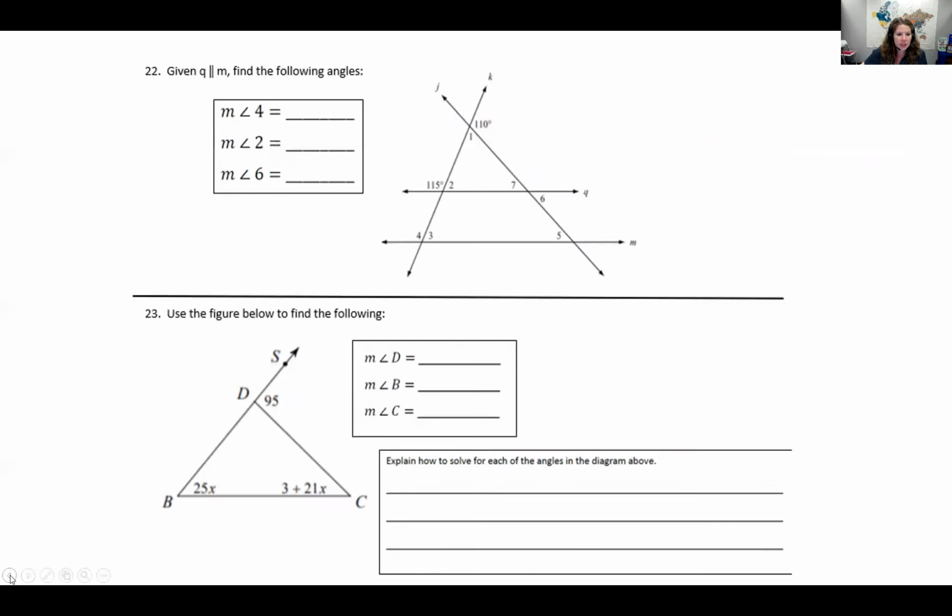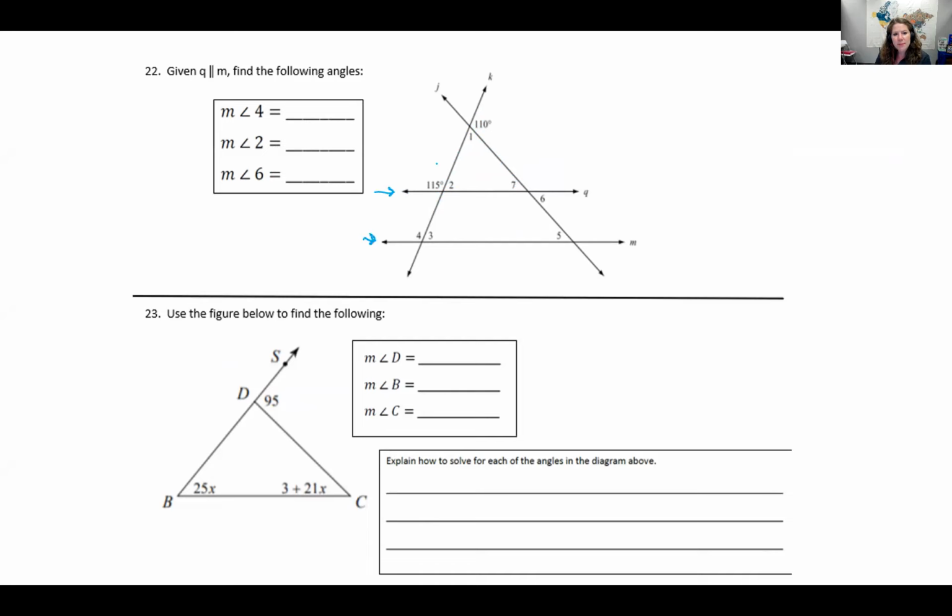All right, number 23. So let's look at just this inside triangle. We know the sum of triangles is 180. Well, that doesn't help us, but we do know that corresponding angles are the same, and corresponding angles have to be on parallel lines.